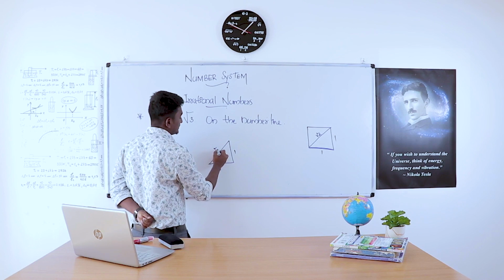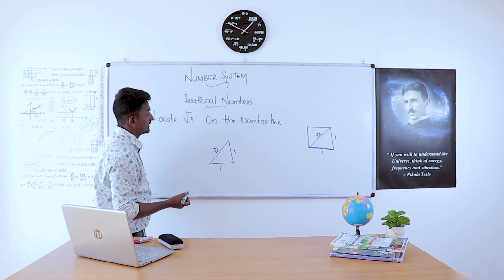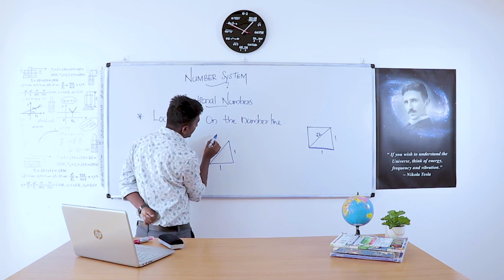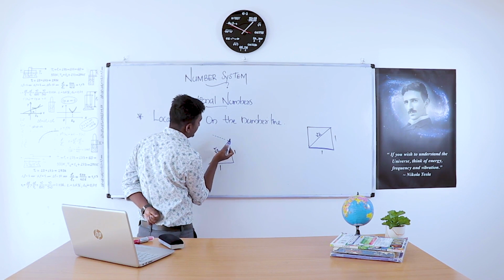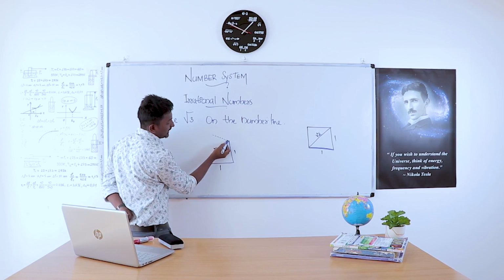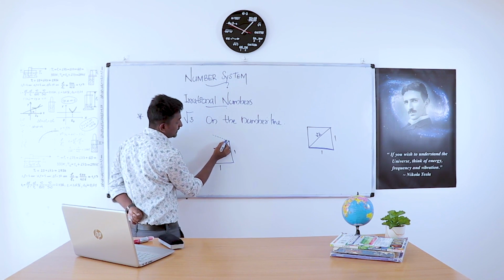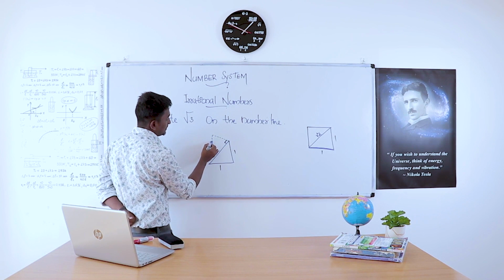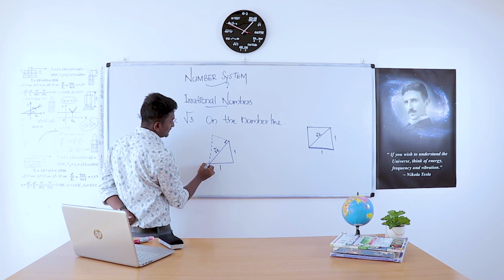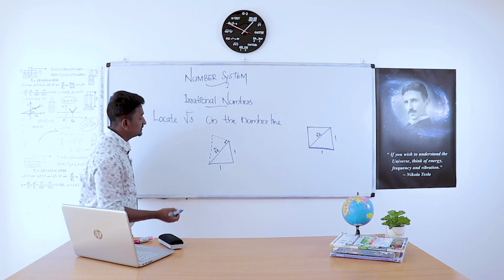Then the hypotenuse is root 2. Then I am taking a unit length from here, making an angle of 90 degrees. Now completing the triangle.